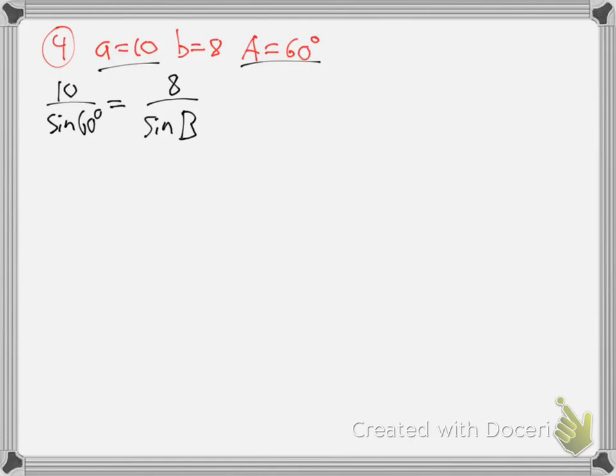I'm just putting A over A, B over B. And there's one letter I don't know, the capital B. I want to find that capital B. So how do I find that capital B? Cross multiply like usual. Let's just do the same old thing until we can't. So diagonal, diagonal. So 10 sine B is 8 sine 60. Good to there.